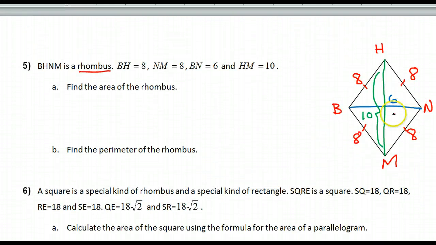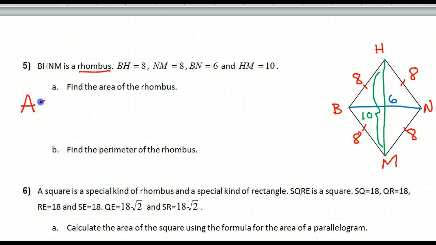But in this case, we're not given the height of this rhombus. The height is not the diagonal. The height would be if I turned this sideways and dropped an altitude directly to the ground.